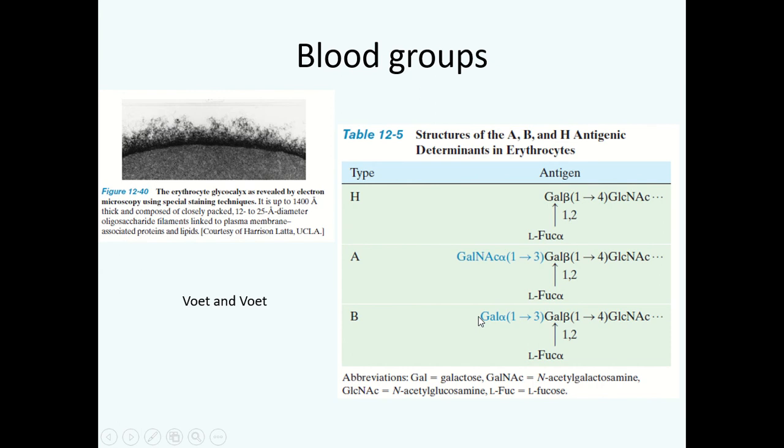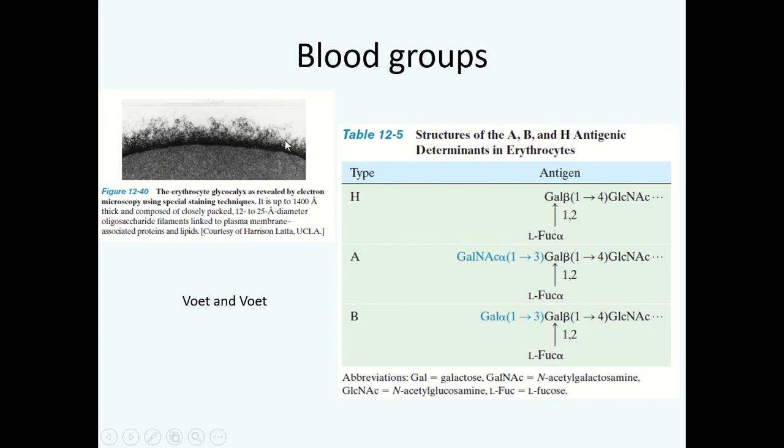their red blood cells. The blood group antigens are not the only type of carbohydrate present on the surface of the red blood cell. Rather, there are many other different types of proteins which contain carbohydrates attached to them. This is an electron micrograph of a red blood cell, and this is the cell membrane shown here by this thick boundary. So this is the outside of the cell, and this is the interior.